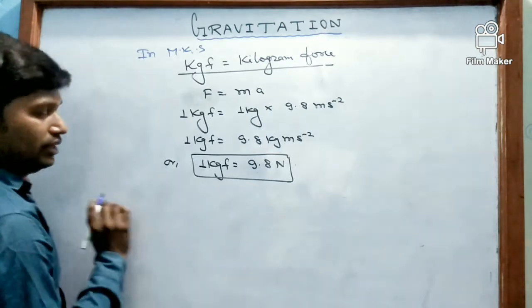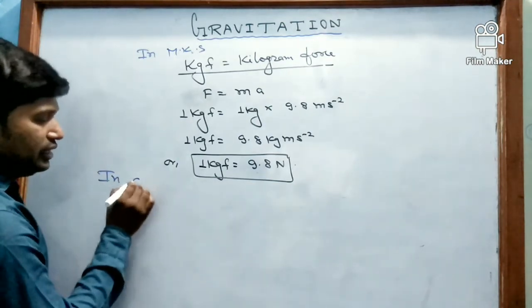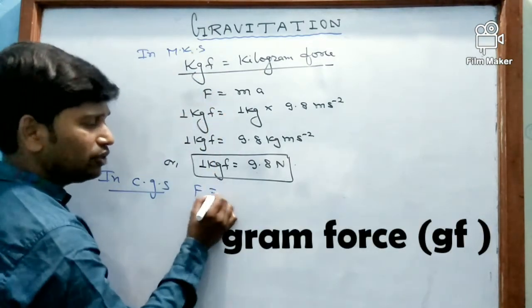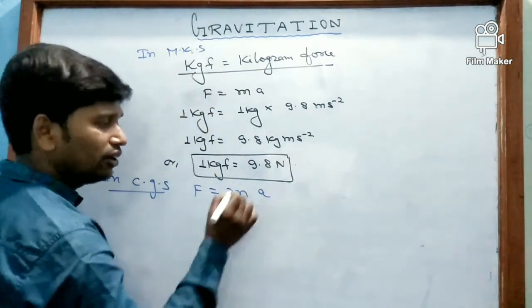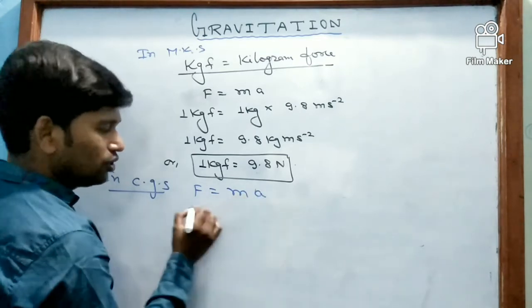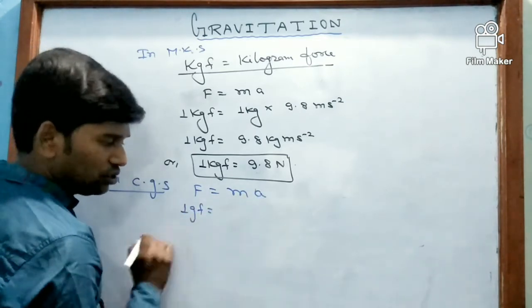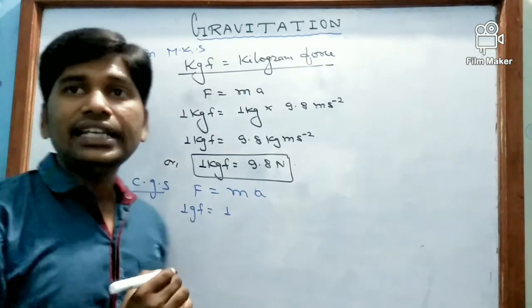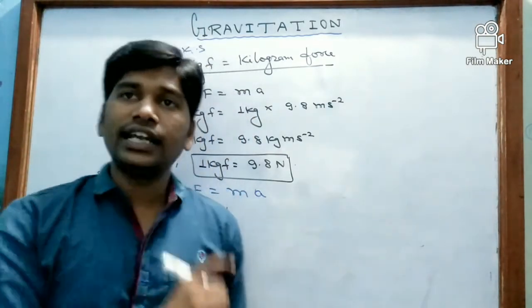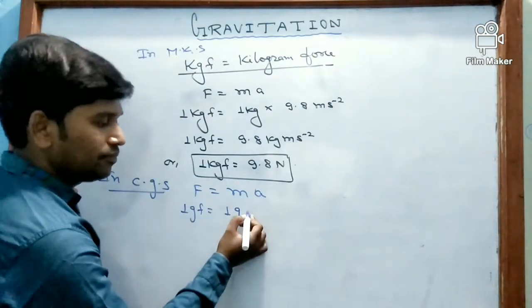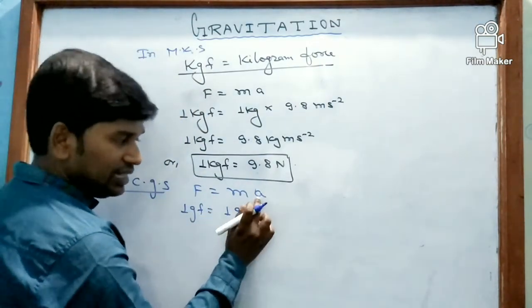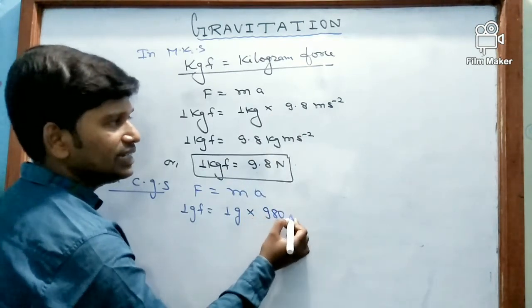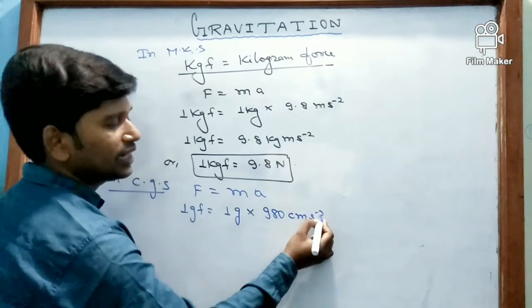Now in the CGS system, again we can put F equals to ma or mg. So 1 gf equals the mass of 1 gram times, in the CGS system, 980 centimeter per second square.